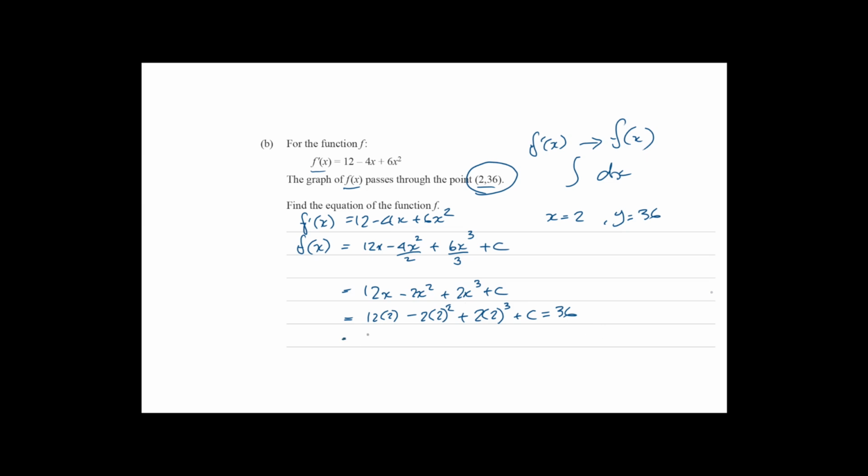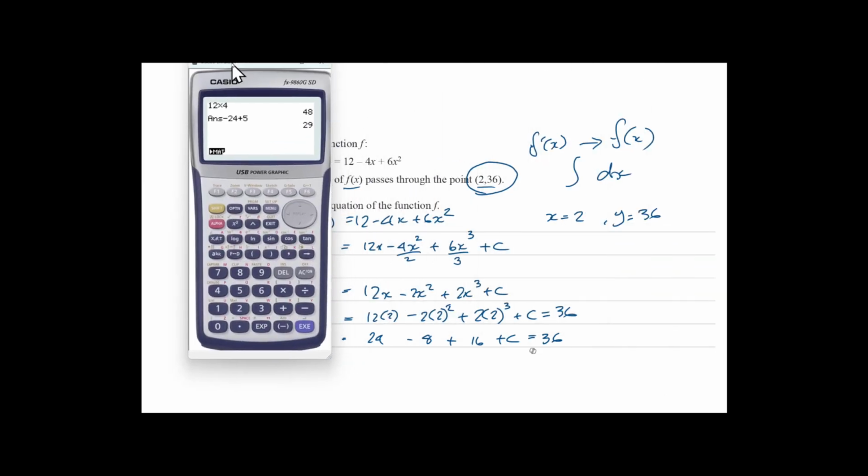Okay, so it's going to be 24 minus 8 plus 2 cubed is 8 times 2 is 16 plus c equals 36. And let's solve that.